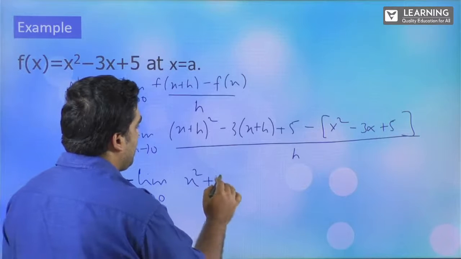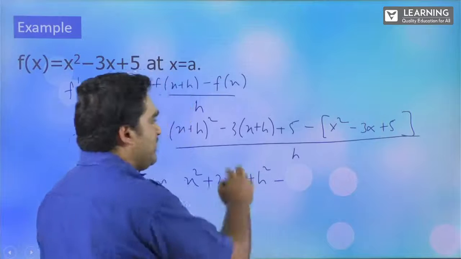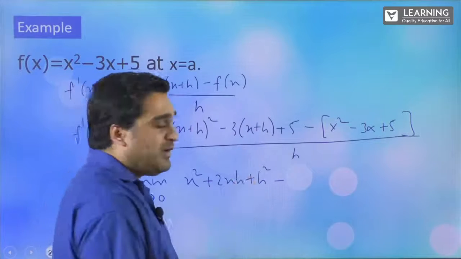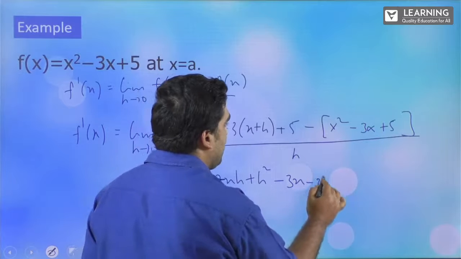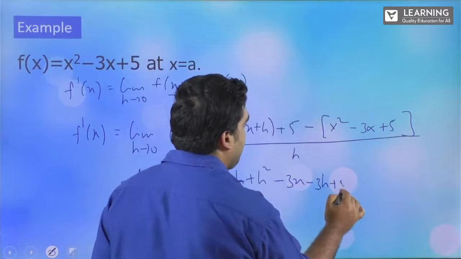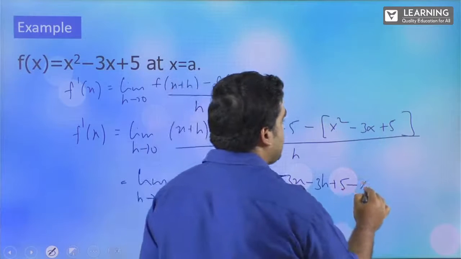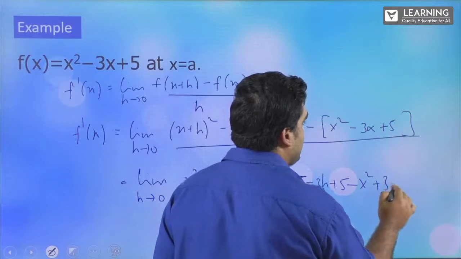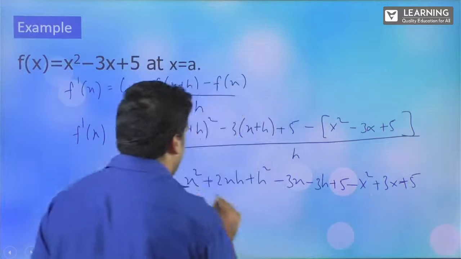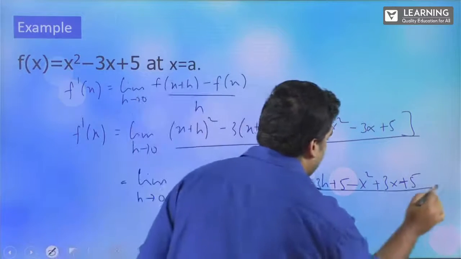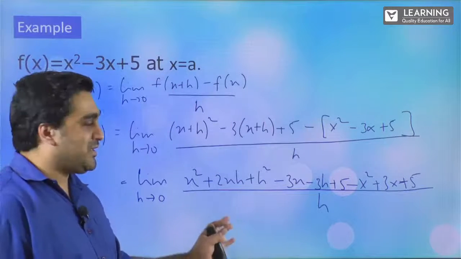So x squared plus 2xh plus h squared, minus, use the distributive property to multiply, where you get minus 3x minus 3h plus 5, sign multiplication, minus x squared plus 3x plus 5, whole divided by h.